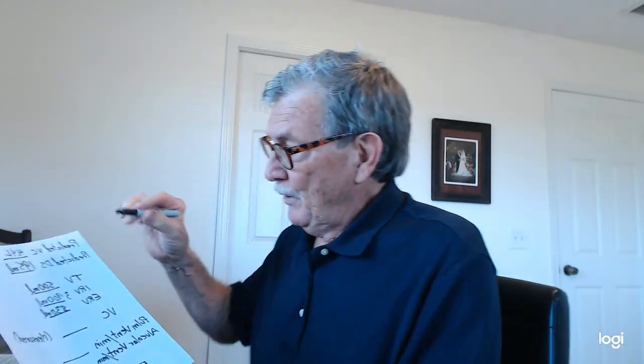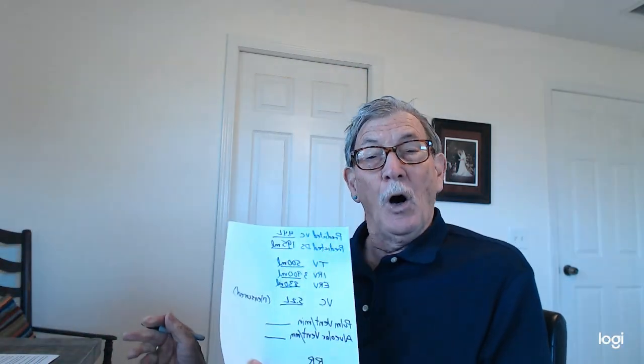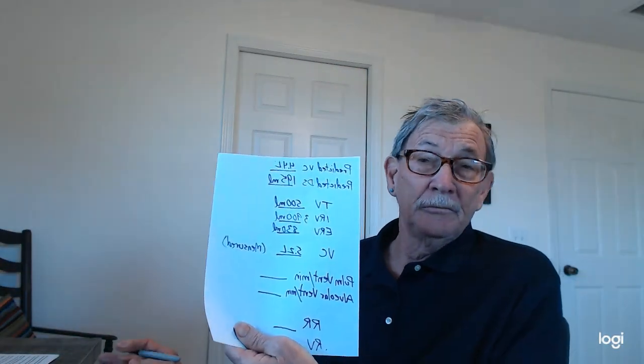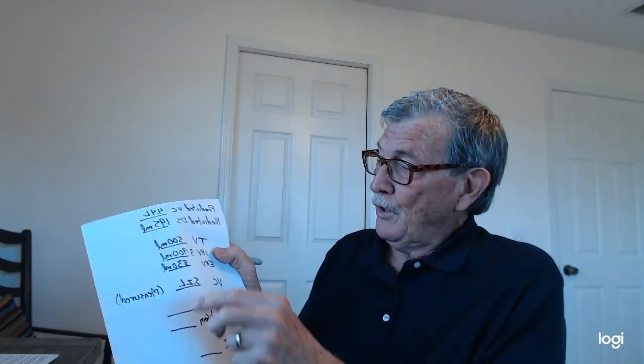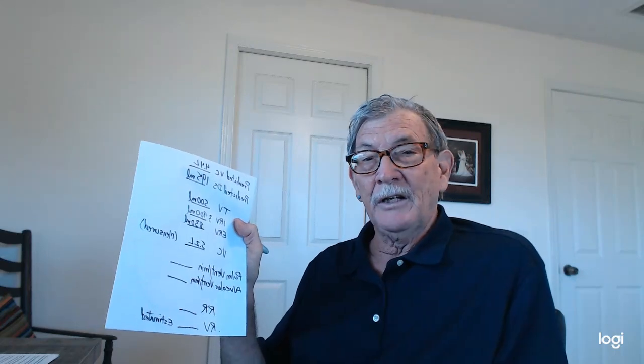Remember, there are 1,000 milliliters in a liter. Our vital capacity, we added it up. You add those three guys, and your vital capacity is what you get. So it was 5.2 liters, or 5,200 mLs. Okay? So you have your tidal volume, IRV, ERV, those three give you your vital capacity.